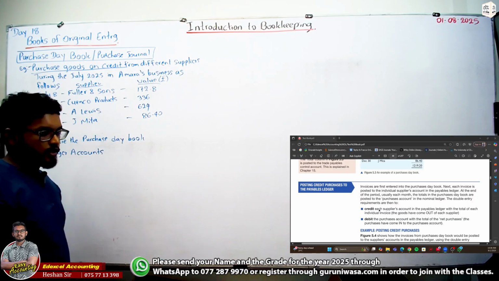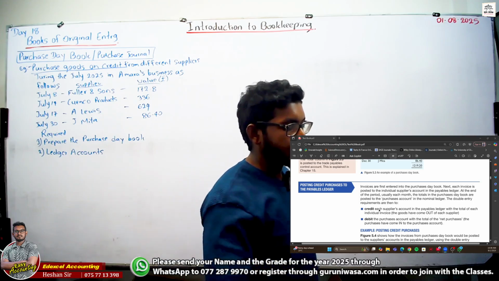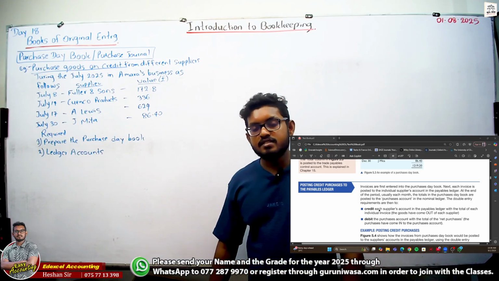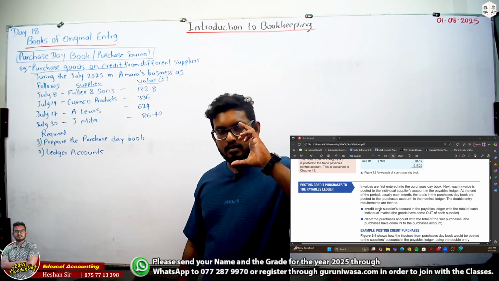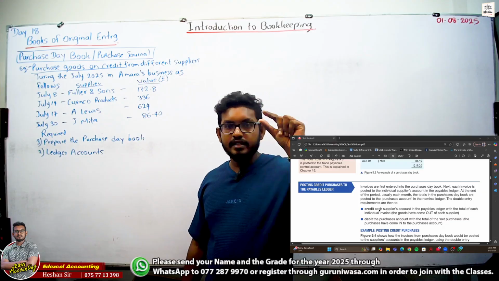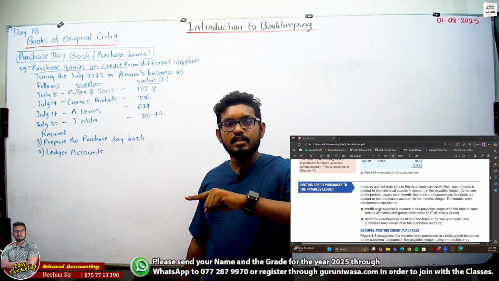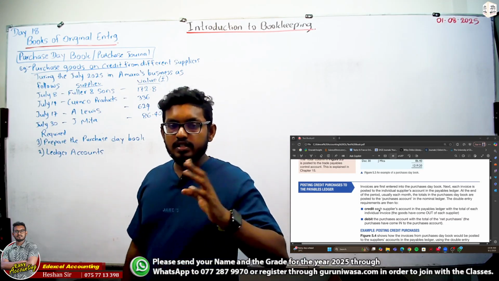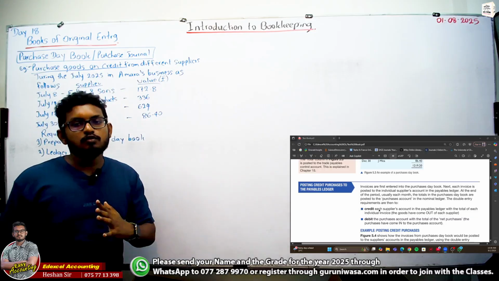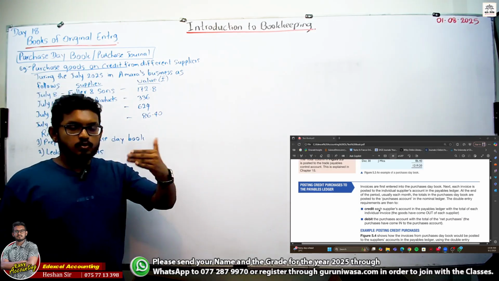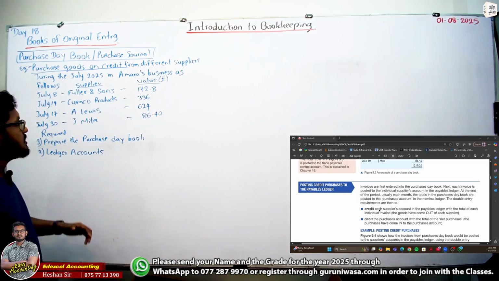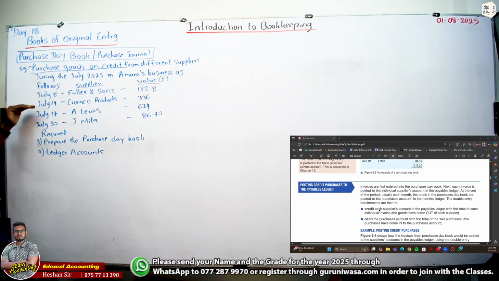Think you are going to Pizza Hut and purchasing a pizza, and the serial number written is 123, so the next customer's number is 124. Likewise, they issue in sequential order. But sometimes here there is no sequential order. Why?